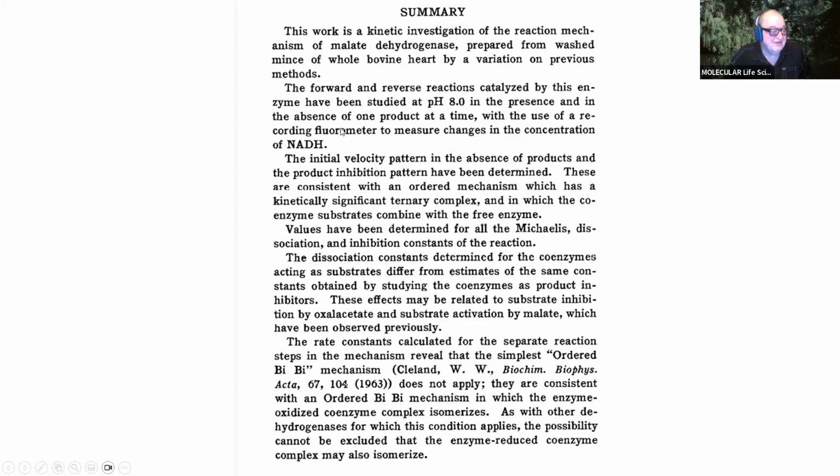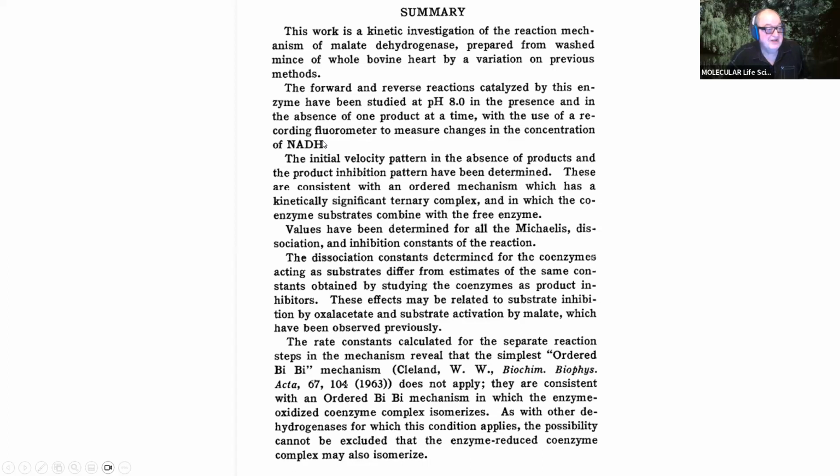The advantage of using a fluorometer is that it's a much more sensitive method of detection. And whether you go from NADH to NAD or NAD to NADH, you can use much lower concentrations of enzyme, which means it's much easier to get true initial rates.